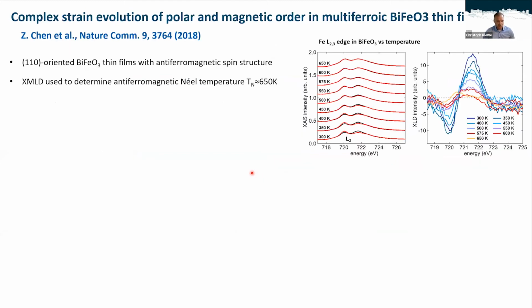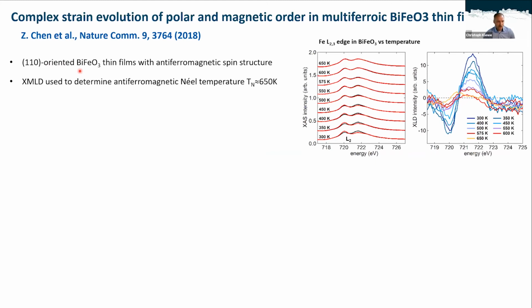To give you another example of how versatile XMLD is and how it can be used, I want to highlight one study that we have done with Professor Zhuang Chen from the Harbin Institute of Technology. In this study, we used XMLD to look at the antiferromagnetic spin structure of 110-oriented bismuth ferrite.